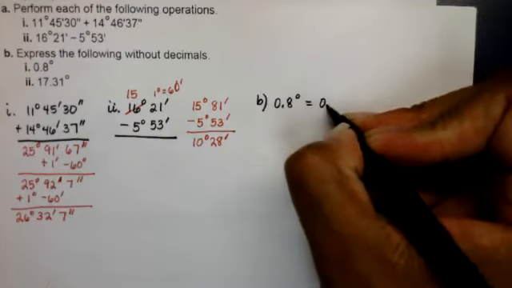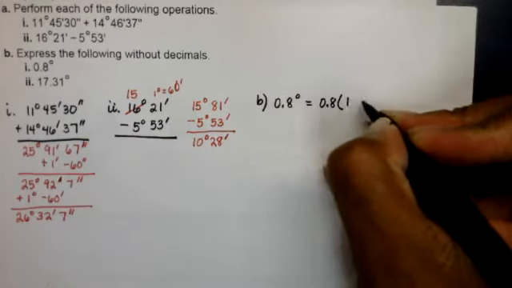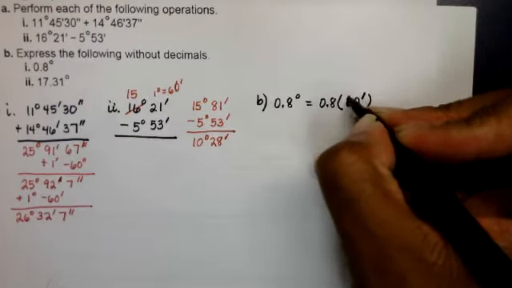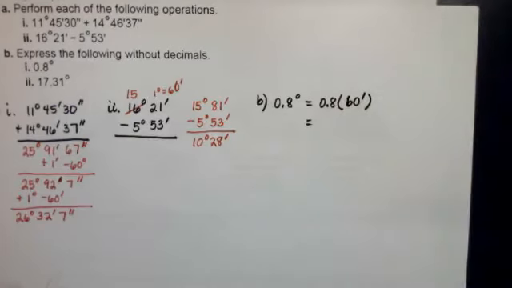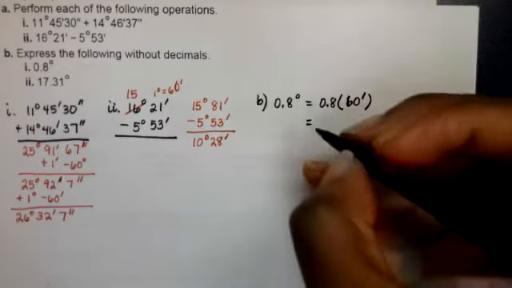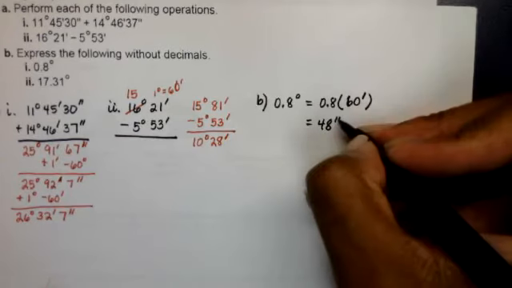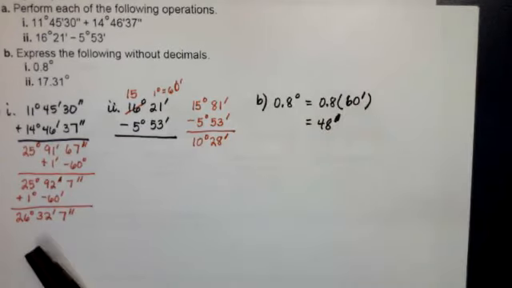So I'm going to take the 0.8 multiplied by 60 minutes. So 0.8 times 60, that would be 48. So the answer there would just simply be 48 minutes.